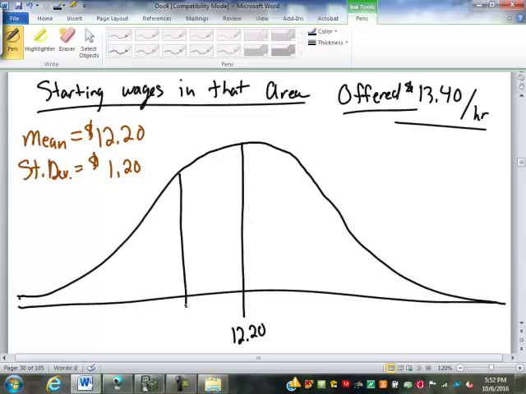If I go one step this way, I'm going to subtract my standard deviation of $1.20. This will be $11. If I go another step, it's going to be $9.80. And one more step, each step I'm subtracting my standard deviation, so this will be $8.60. Okay?